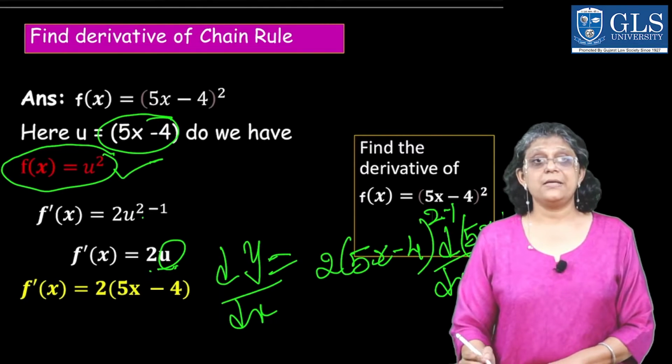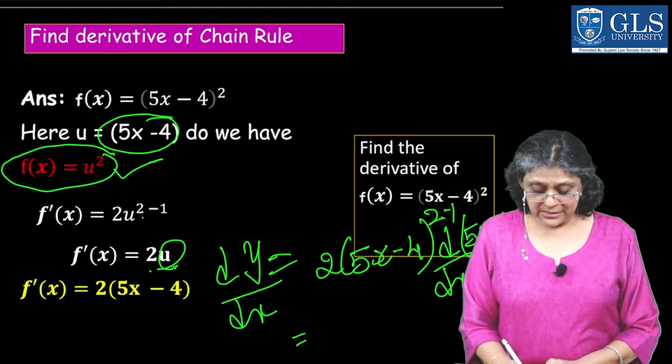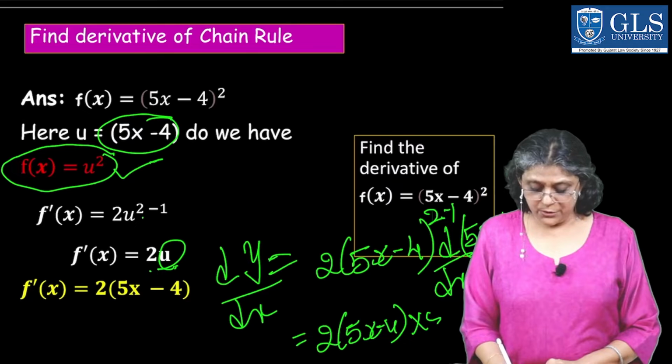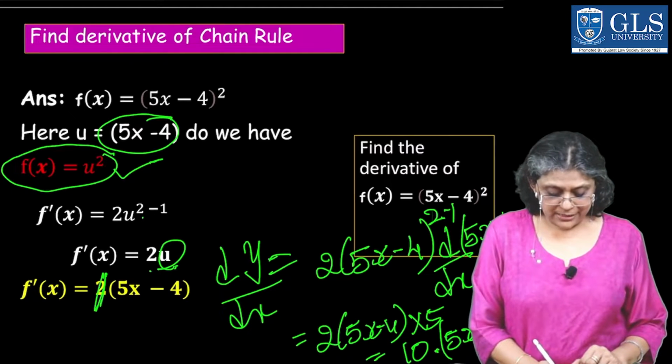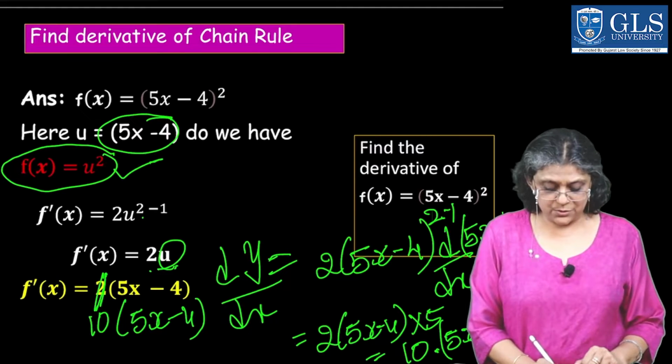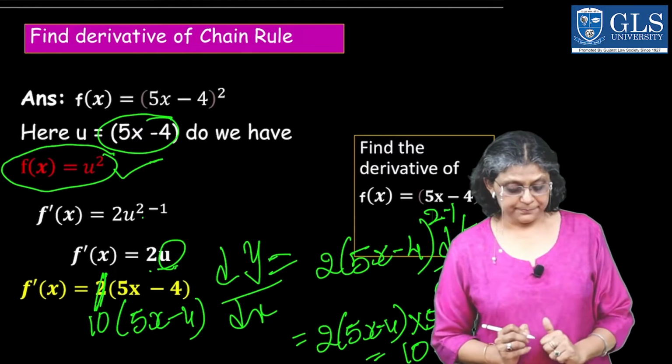So the answer is 2 into (5x minus 4) into 5. So my answer is 10 into (5x minus 4).